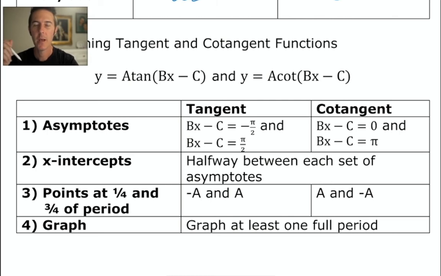Amplitude was how far vertically we were stretching those graphs. With the tangent function and cotangent function, because they go all the way up to positive infinity and all the way down to negative infinity, to call it a stretch or a modification in amplitude or height doesn't really make sense because they're infinitely tall, both of them. There is still the opportunity to vertically stretch these graphs. We're just not going to call it amplitude.